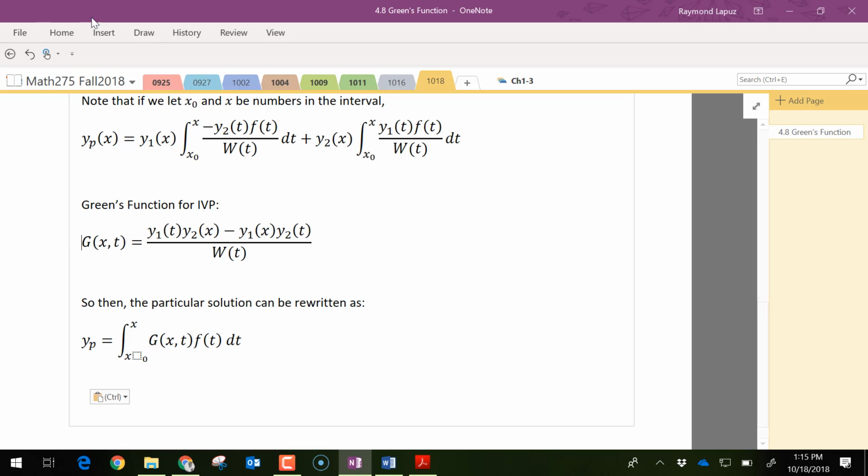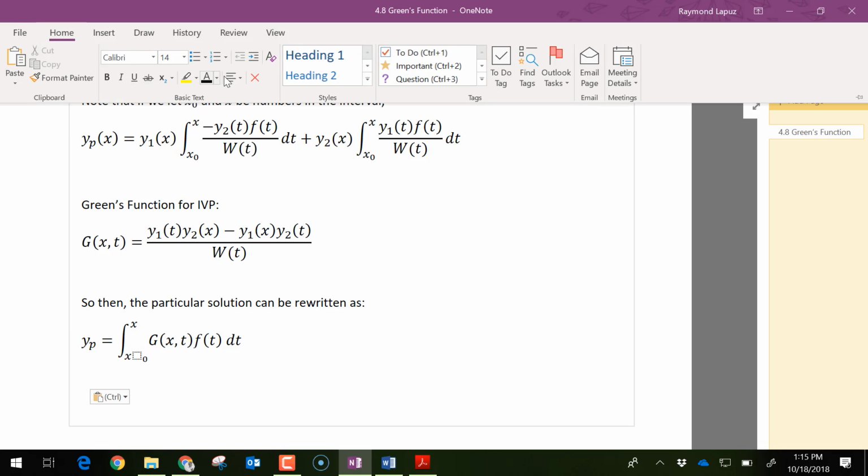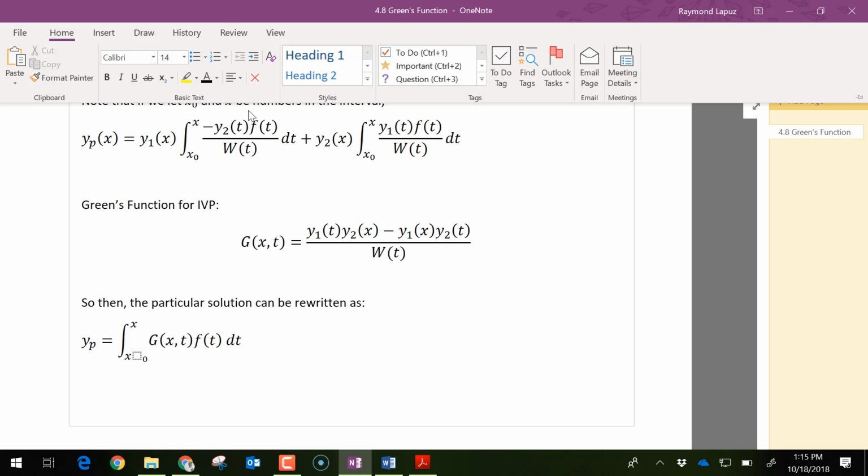They define Green's function to be this g of x and t.